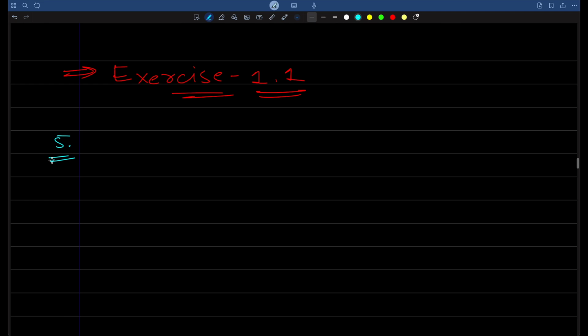Question number 5 says that check whether 6 raised to n, where n is a natural number, ends with digit 0 or not.